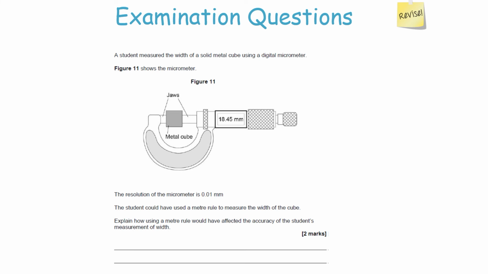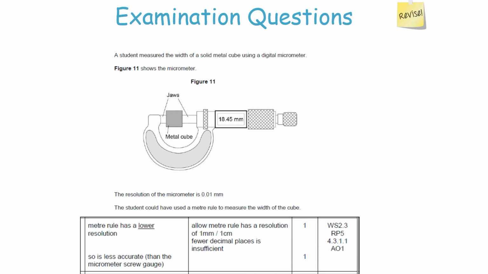So what you can say here is as follows: because the meter ruler has a lower resolution and the micrometer has a higher resolution, it means that the micrometer is more accurate than the meter ruler, or the meter ruler is less accurate than the micrometer. Remember, the more decimal places you can measure to, the higher the resolution, the more accurate the value is.